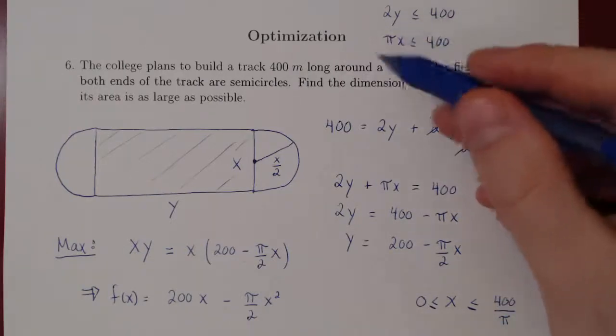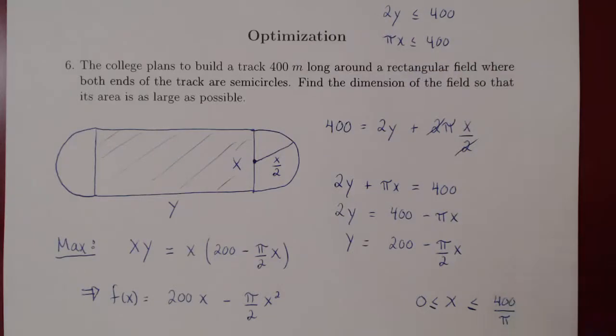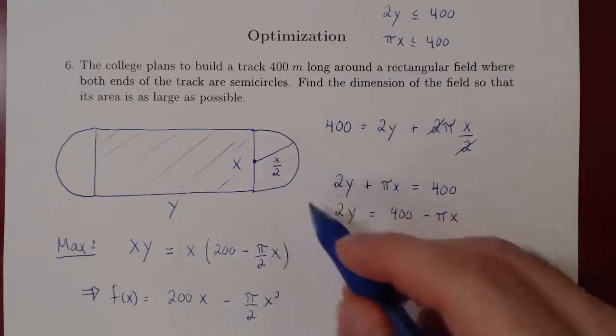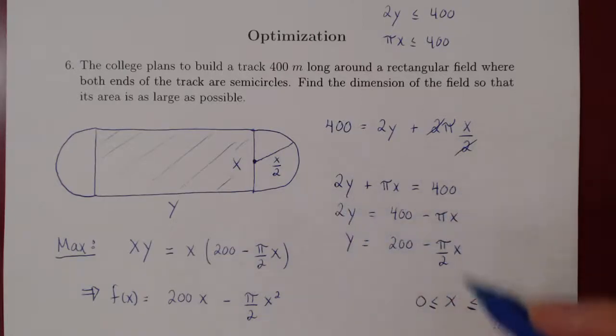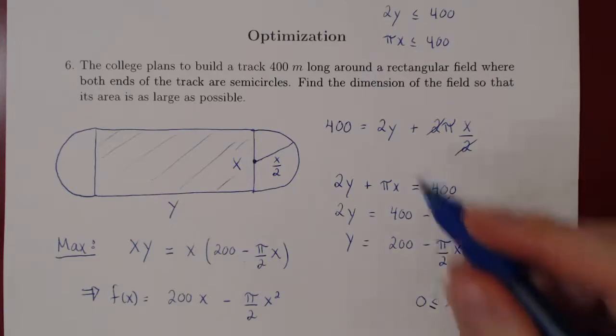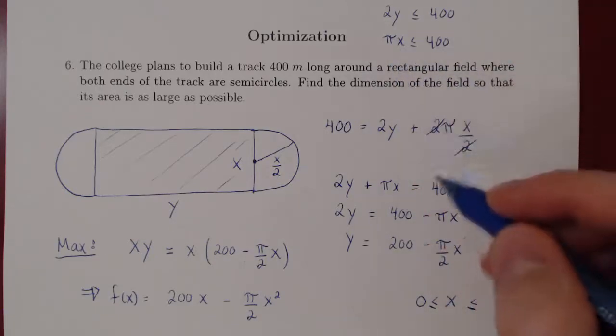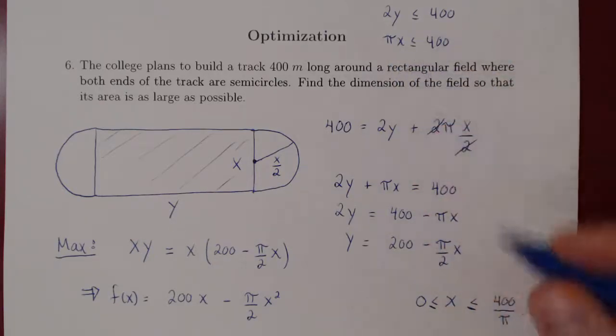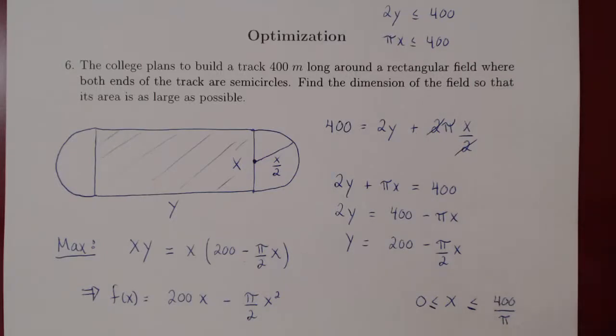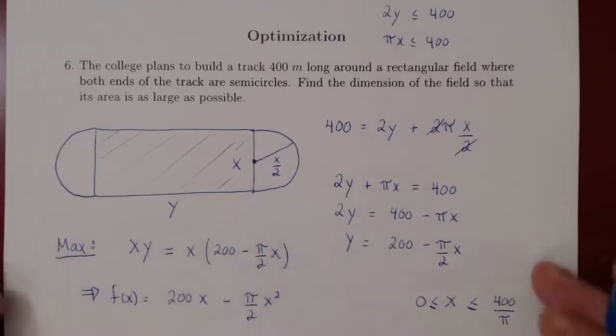And it is with this observation that we got the right endpoint of our interval. Suppose that you miss this, that you don't see from this equality that pi x must be at most 400, therefore that x must be at most 400 over pi. Can you still solve the problem?